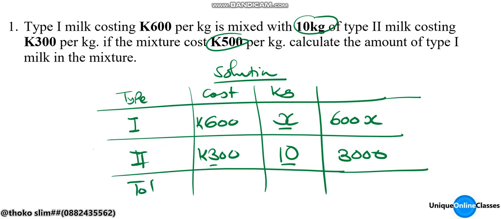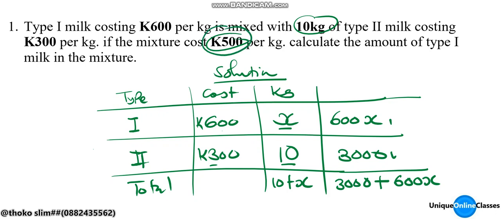To find the total kgs here, that's 10 plus x, and to find the total cost, that's the total money for type 1 and type 2, just a matter of adding this one and that one. So it's 3000 kwacha plus 600x. They have said that the mixture costs this one.